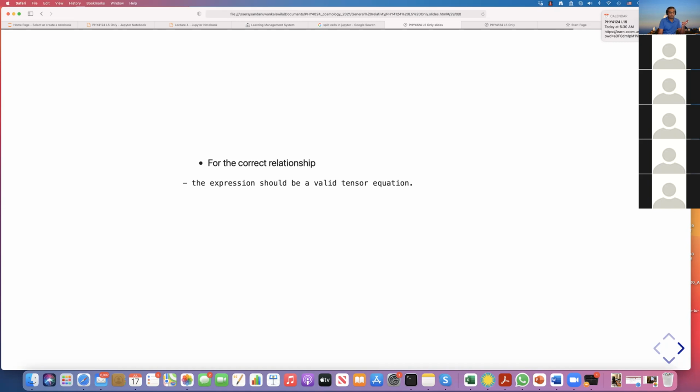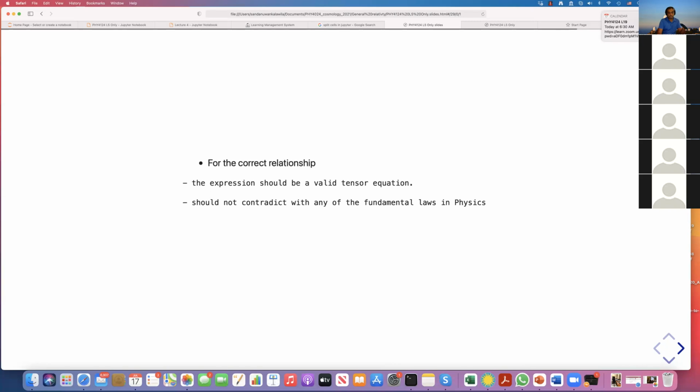That is because, according to the principle of general covariance, what we are expressing here should not be coordinate dependent, which means it should not change from one coordinate system to another. Therefore, we should be able to write it as a valid tensor equation. So that is number one, and this is why we started to learn the basics of tensors until this point, so that we can use it here.